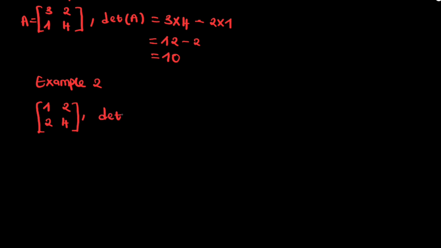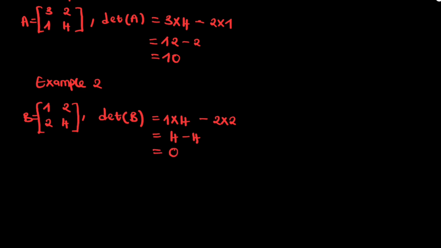The matrix is the matrix B. So the determinant of this matrix, we multiply the elements at the diagonal, the leading diagonal, and we subtract it from those which are not at the diagonal. So we have 1 times 4 minus 2 times 2. Remember, this is simple cross multiplication. So we have 4 minus 4. This gives 0.